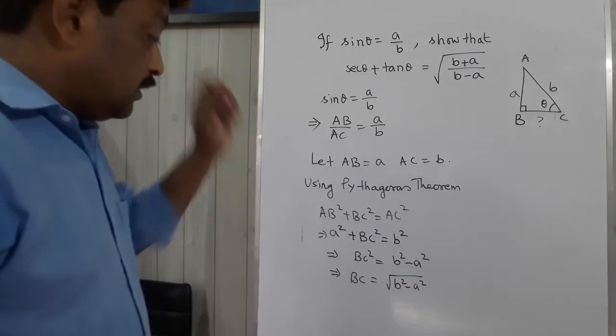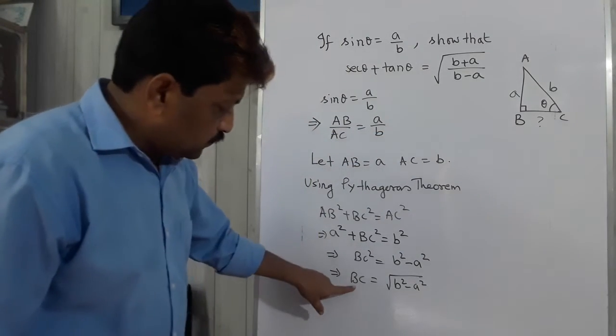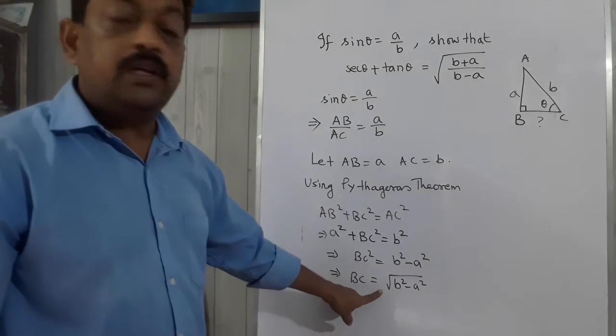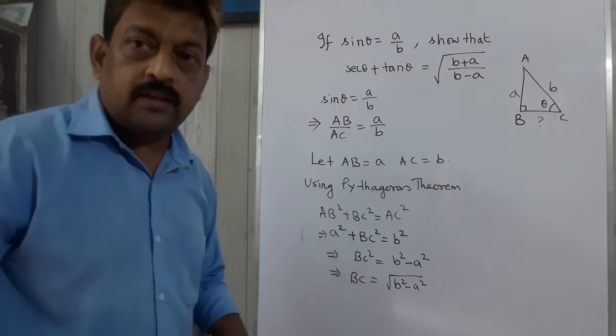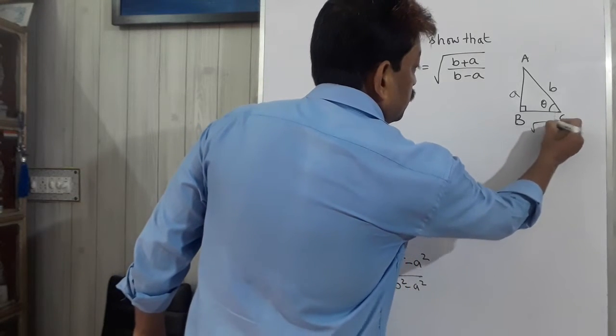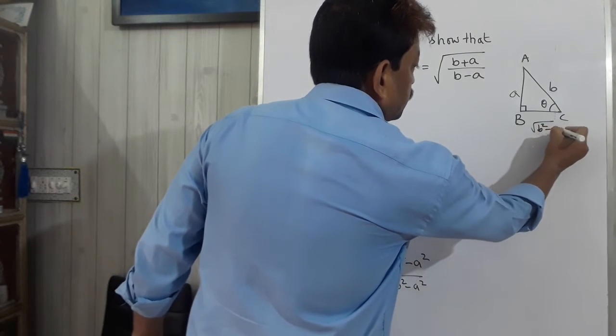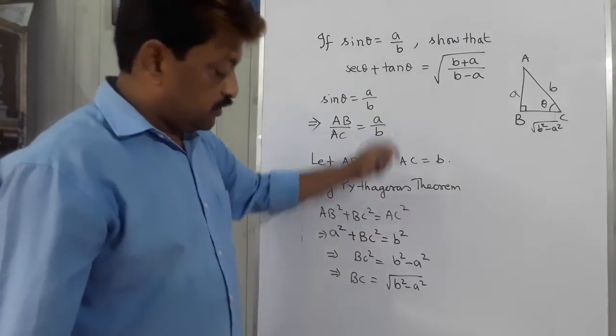Since the side of a triangle cannot be negative, I have taken the positive value only. Now let us go back to the question.